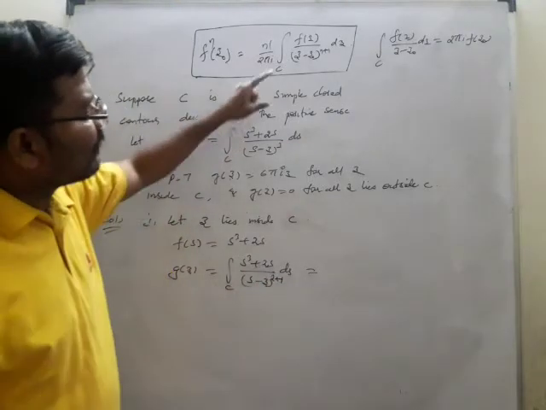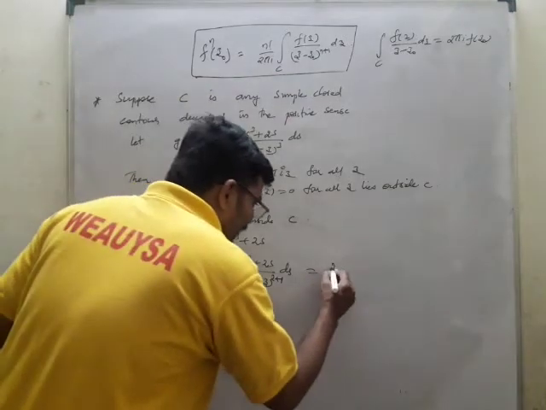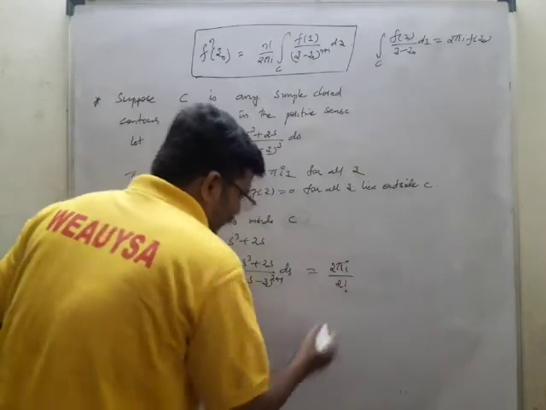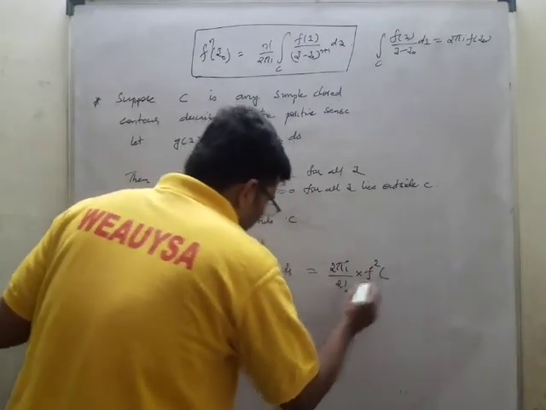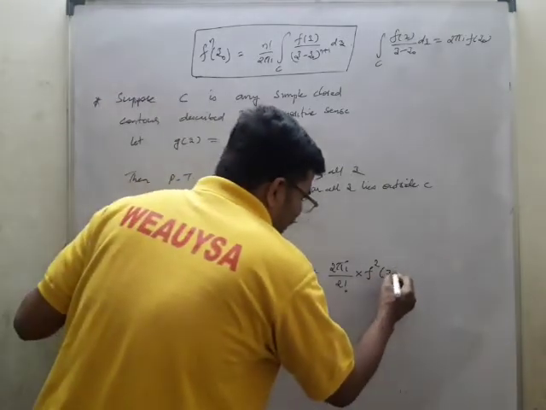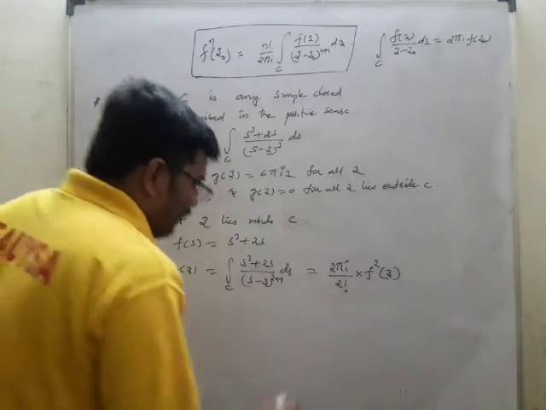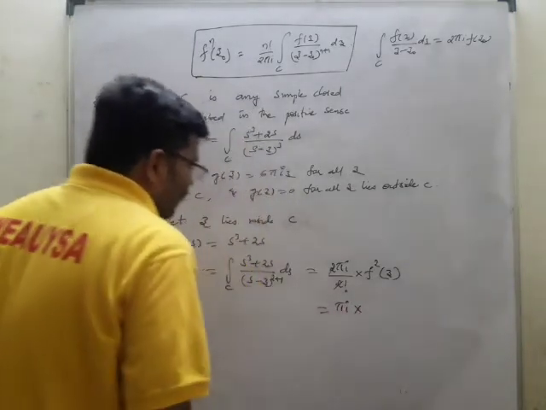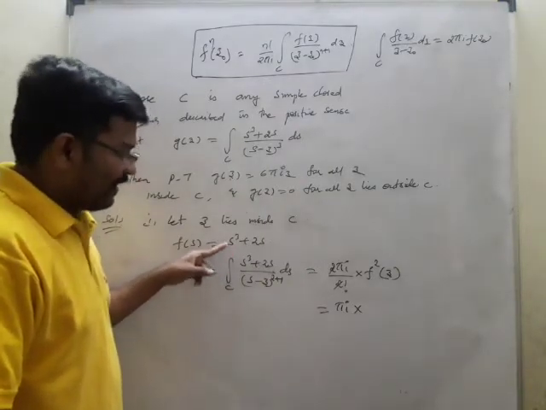So Cauchy's integral formula for derivatives should be used. Therefore I can write 2 pi i by 2 factorial into f power n, here the second derivative of z. It means I need to do the derivative twice. So the 2 will get cancelled, and this is pi i into f double dash of z.